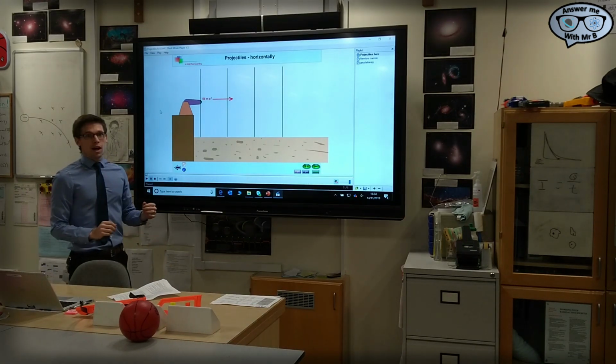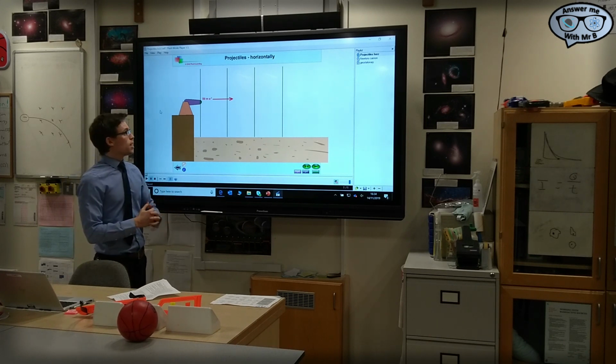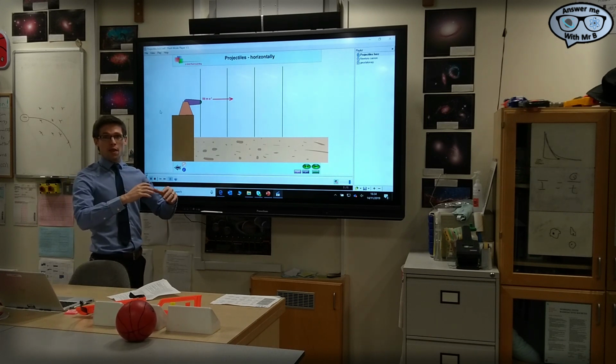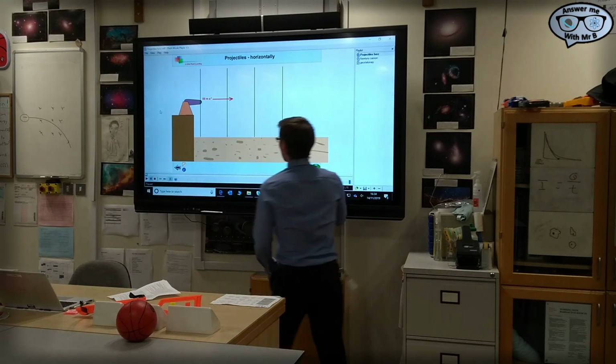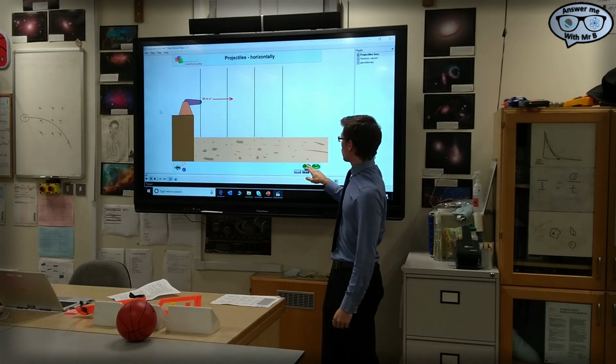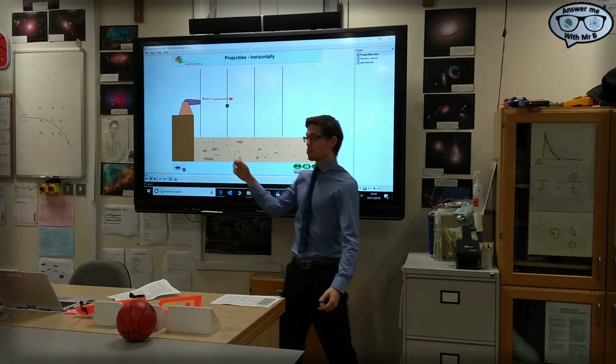So here we have a cannonball being fired out of a cannon. Okay? And we're first of all just going to look at the horizontal component of the velocity. If we look 5 seconds into the future, 1, 2, 3, 4, 5, you can see the ball has travelled that distance.